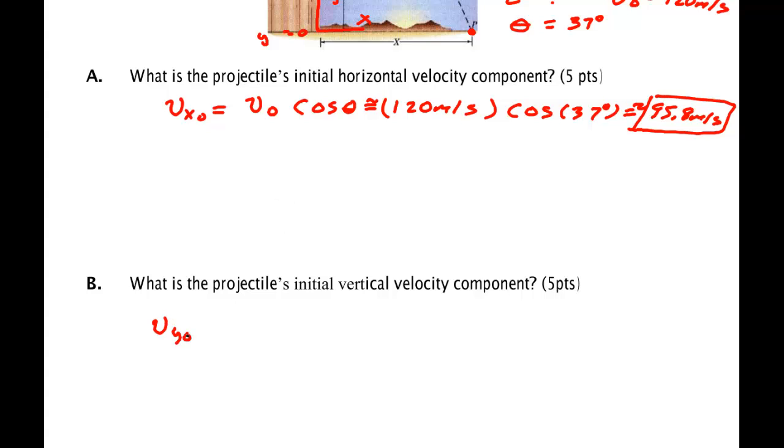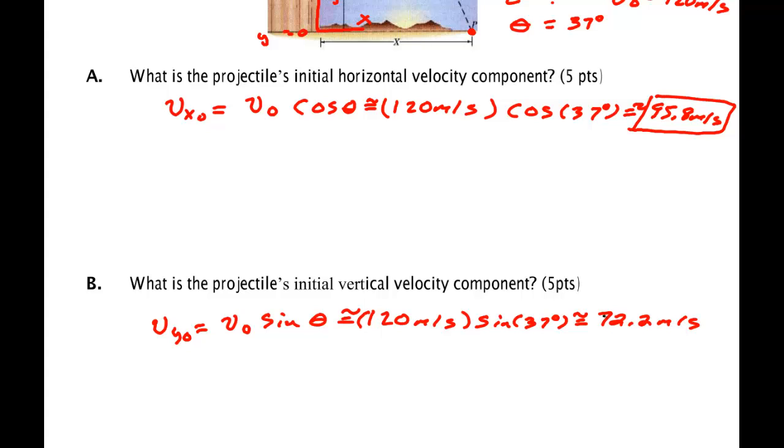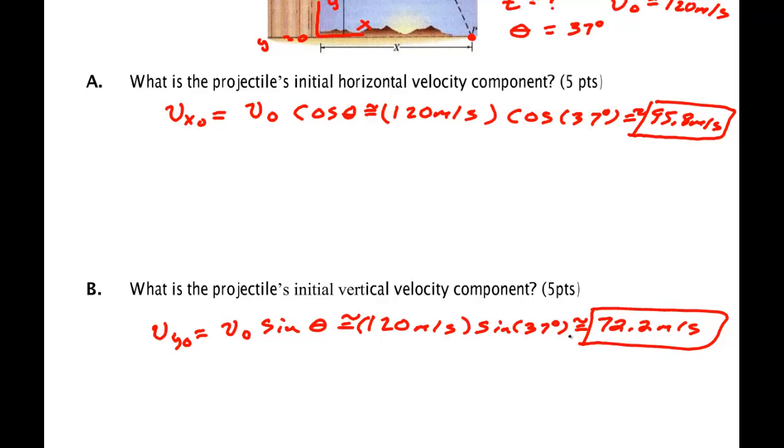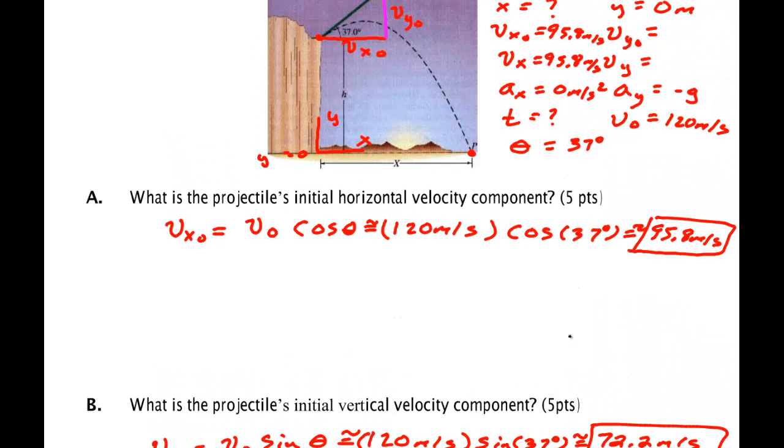Vy naught is V naught sine of theta: 120 meters per second multiplied by the sine of 37 degrees, which comes to 72.2 meters per second. And of course we'll put that back in our table up here.